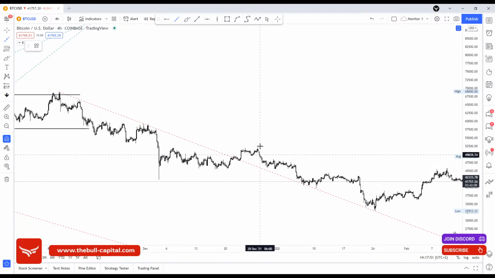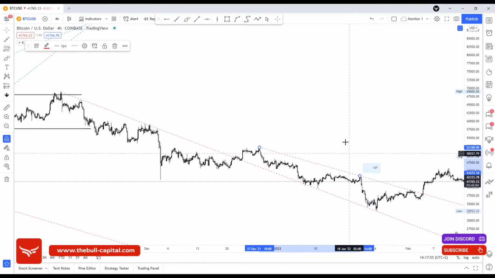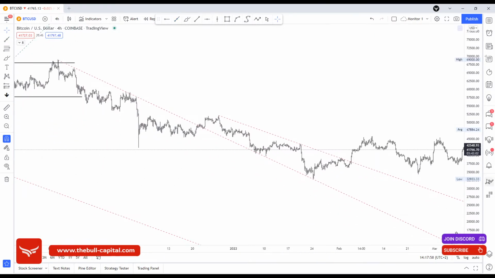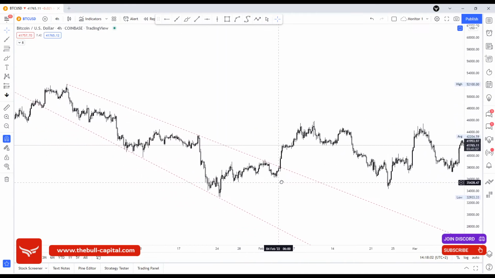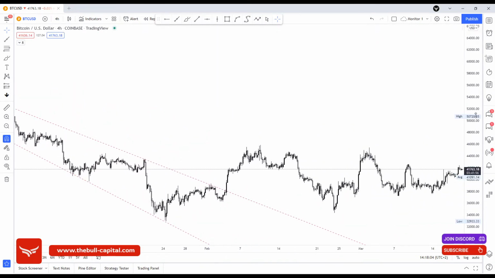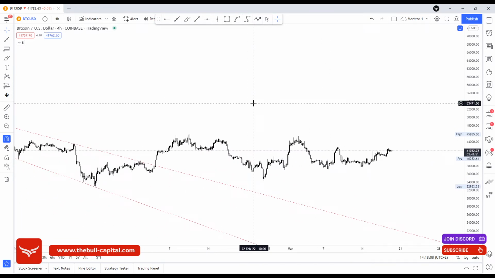So we have another downtrend here, and now it broke this, and at least on the 4-hour time frame we have another sideways trend, meaning that it can have another direction change.